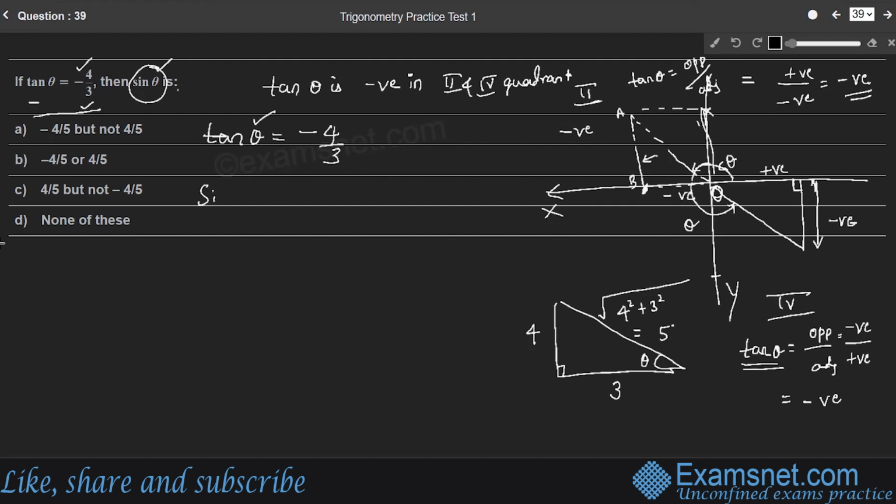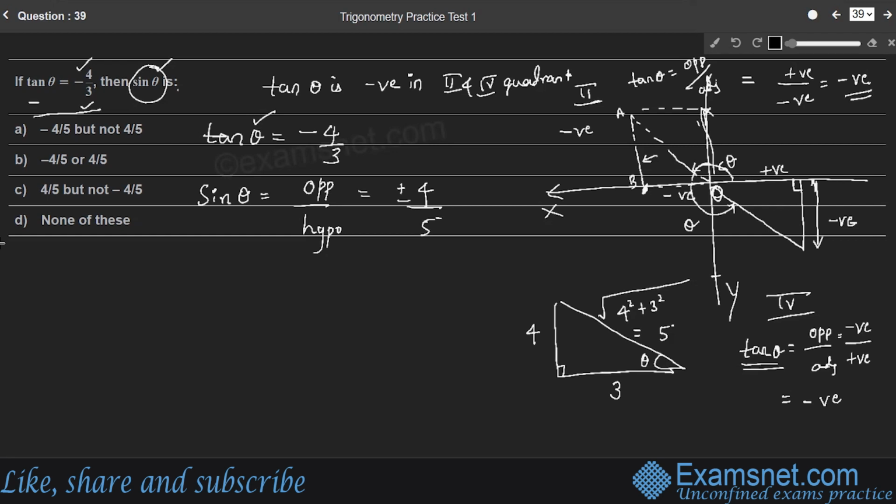So, if the hypotenuse is 5, what is the value of sine theta? Sine theta becomes, yes, opposite side by hypotenuse. Opposite is 4. It may be plus 4 or minus 4. It depends on the quadrant in which the angle is measured, right? So, plus or minus 4 by 5. If the angle is measured in the second quadrant, for example, 110 degrees, 120 degrees, 125 degrees like that, then sine theta becomes, in the second quadrant, the opposite side is positive.